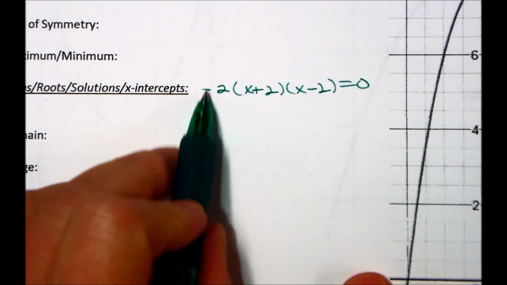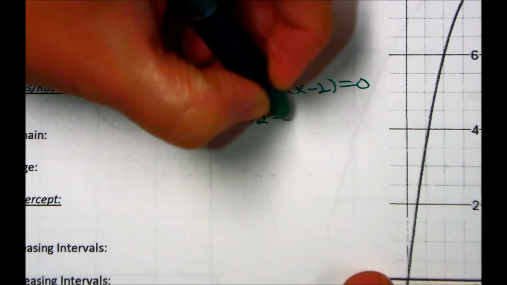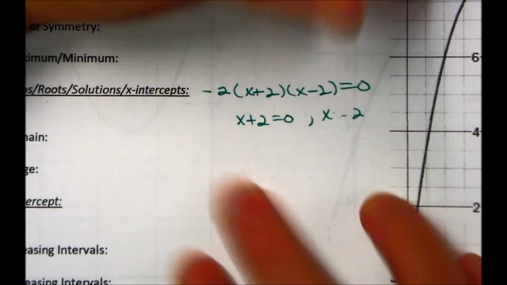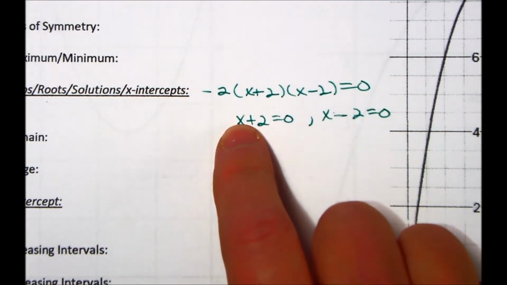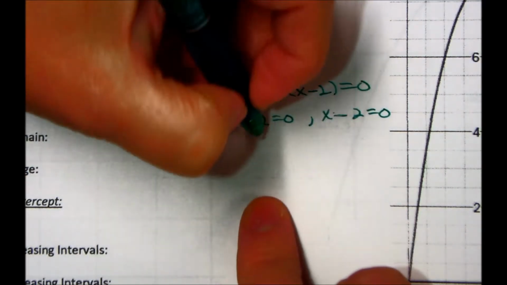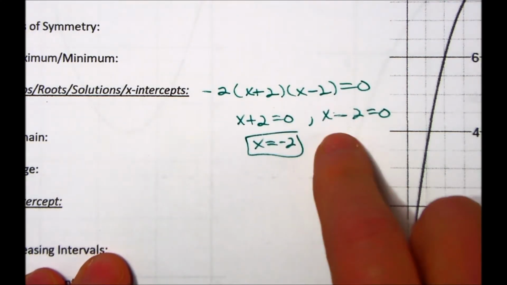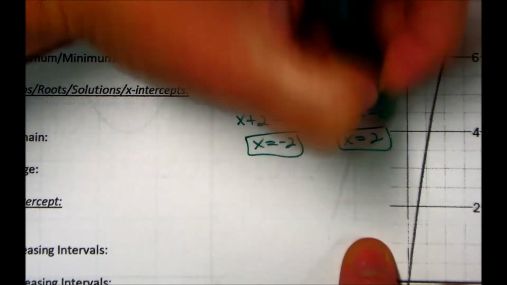The negative 2 does not have an x with it, so there is no solution that comes from there. But you take each of the factors that has an x in it, set it equal to 0, and solve. If I take x plus 2, set it equal to 0, and subtract 2 from both sides, I get negative 2. If I take x minus 2, set it equal to 0, and add 2 to both sides, I get a solution of positive 2.